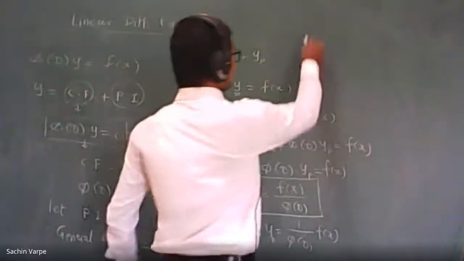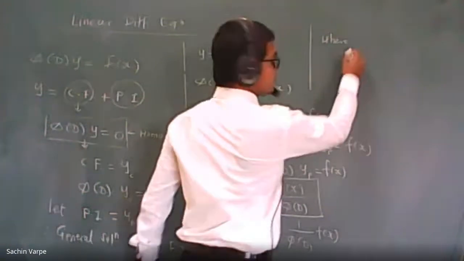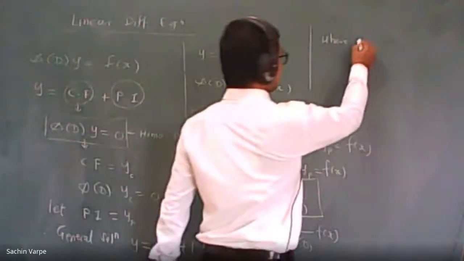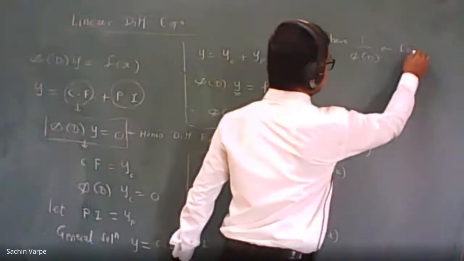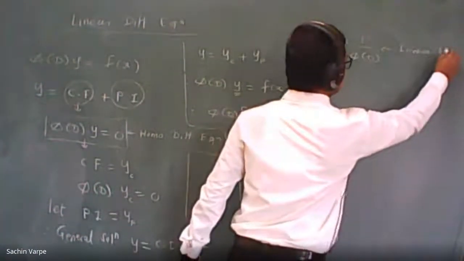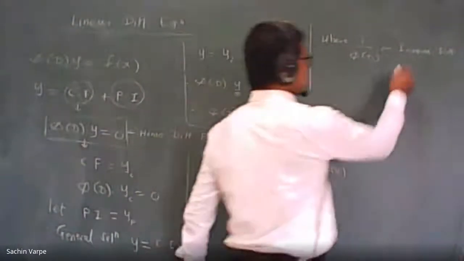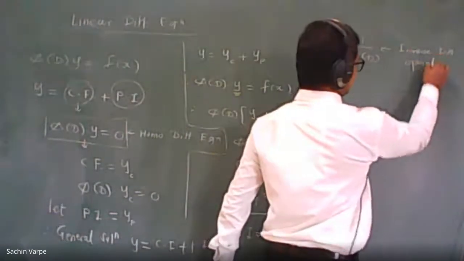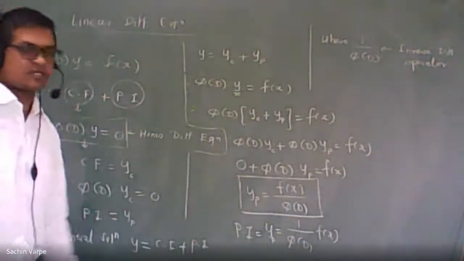So I can write here, where 1 upon phi of D is called the inverse differential operator. Is it okay up to this? Inverse differential operator.